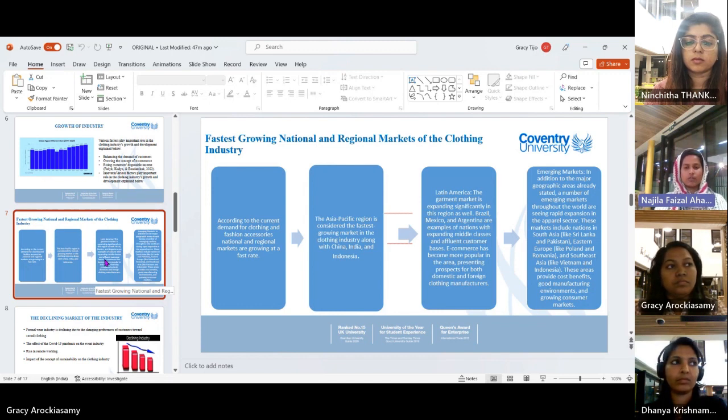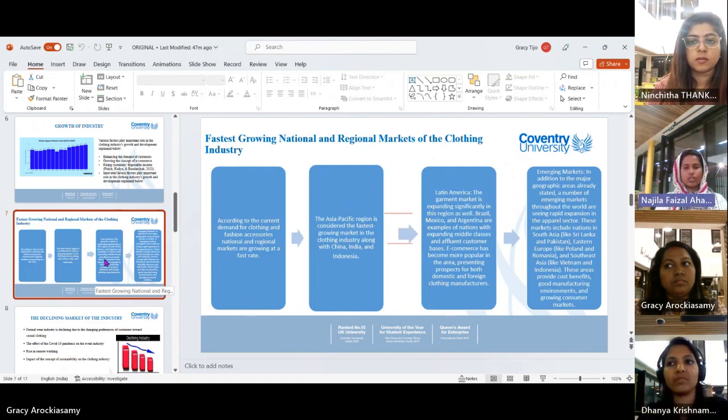And the next region is the Middle East and North Africa. Some countries in the Middle East, like the United Arab Emirates and Saudi Arabia, have seen rapid growth in their fashion and clothing markets. These nations have witnessed rising population, incomes, and the influence of international brands in their retail sectors.